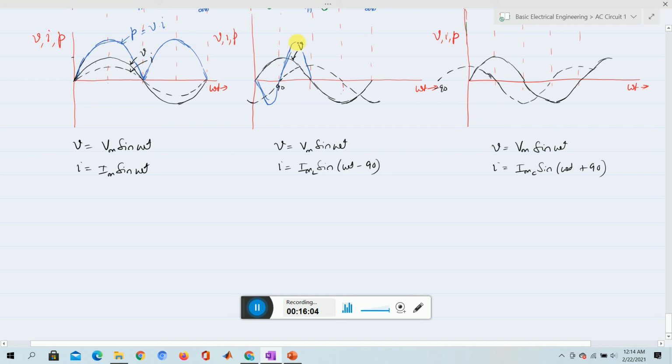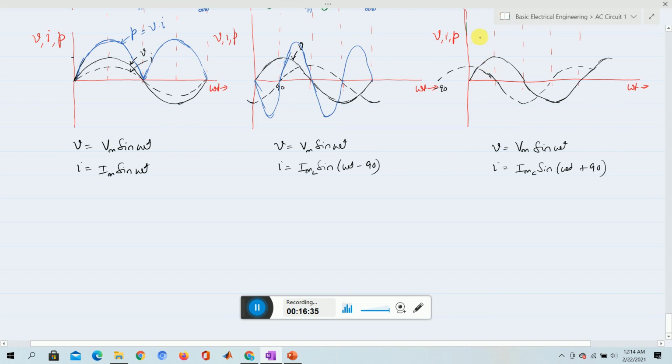And then here the current is positive and the voltage is negative, so again the power is negative. One thing is that magnitude wise, the positive and negative power are of equal magnitude, so let us draw it that way, because you have equal negative and positive values.